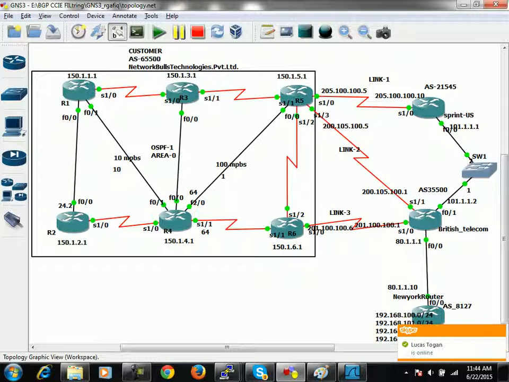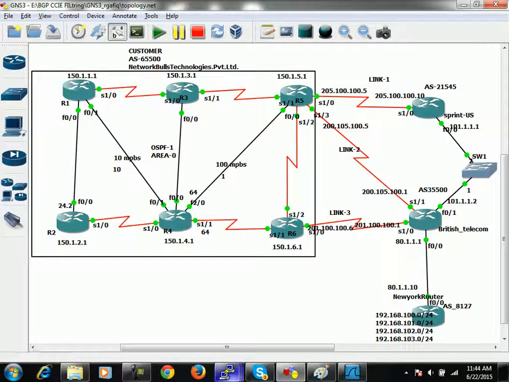So previously for R1 its best path to reach all these prefixes was via R5, but this time it's via R6. Sorry, I mean previously it was via R6 for 102 and 103, but once again after removing this weight, you can see that again its best path is via R5 from R1, right?